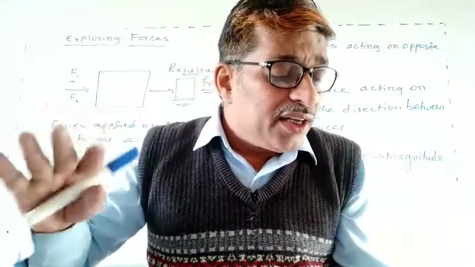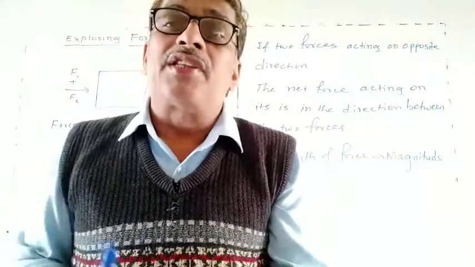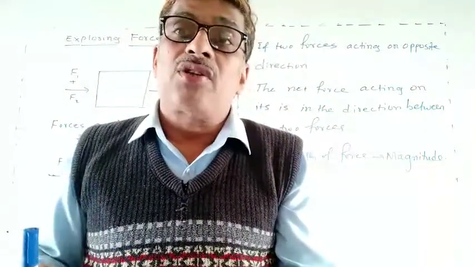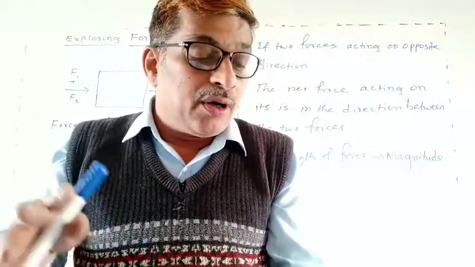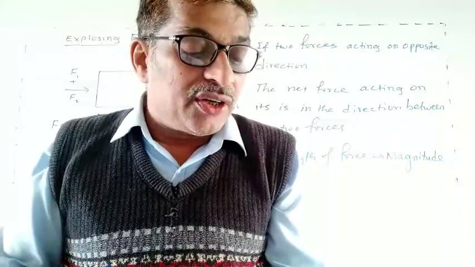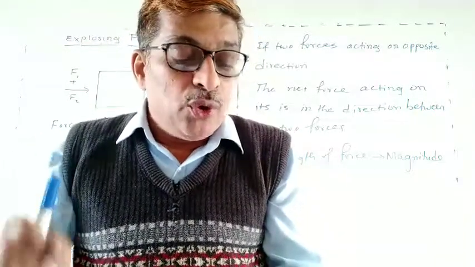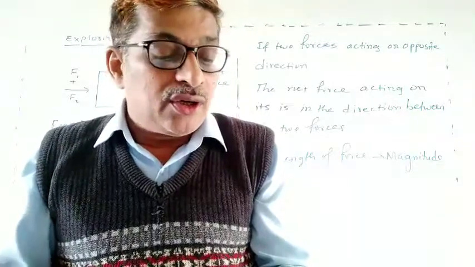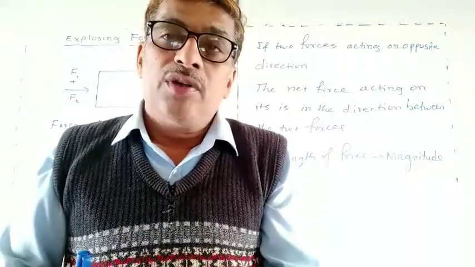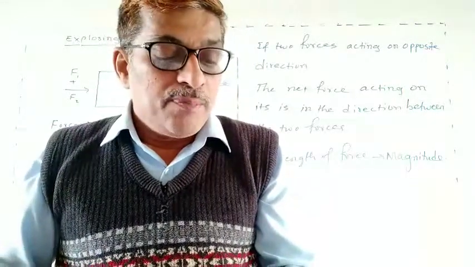Is there any change in the direction of motion of the ball in these cases? Yes. In all these examples, the speed and the direction of the moving ball change due to the application of the force.